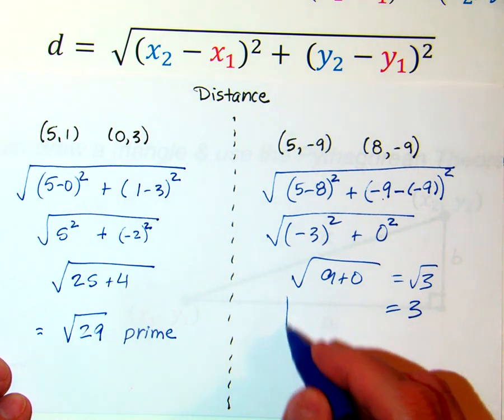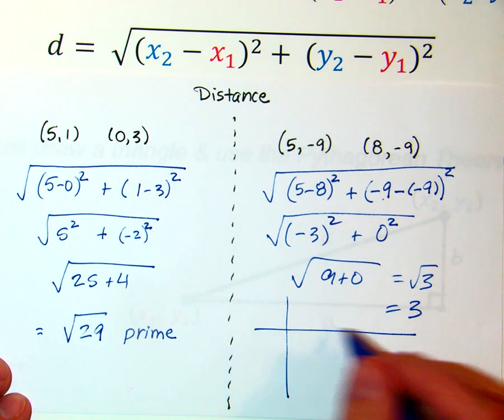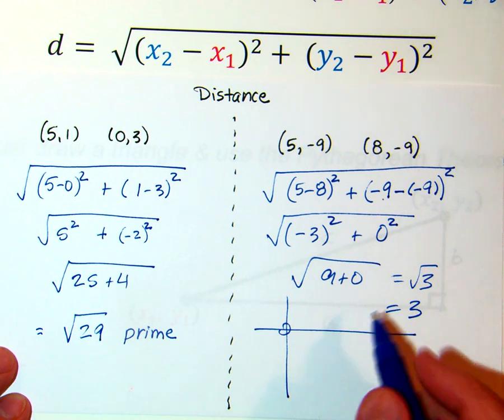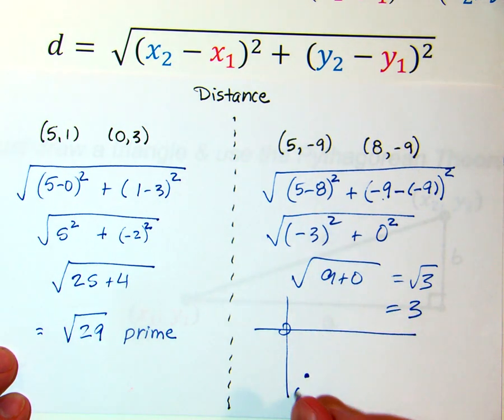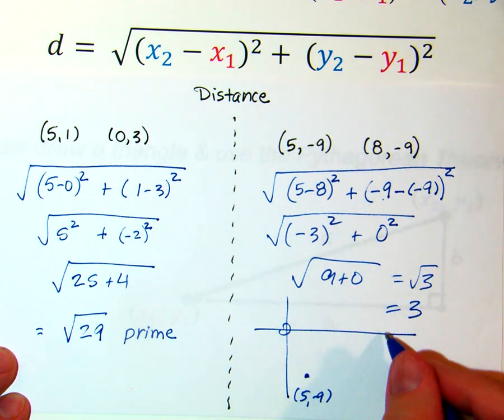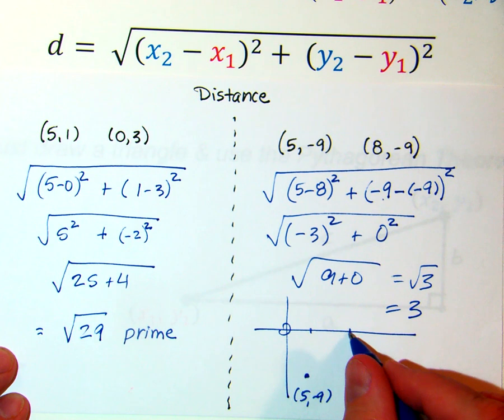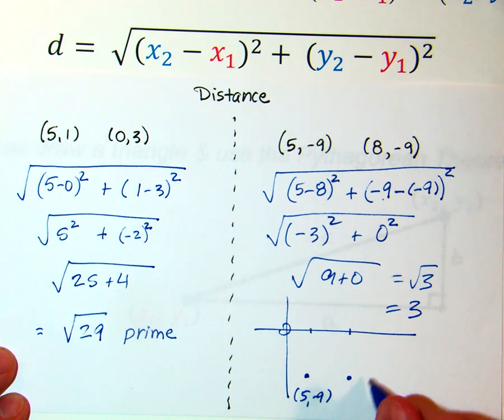Okay, so if we graphed this, it would look something like this. You'd have the point 5, negative 9, say right there. And here, 8, negative 9, say someplace over here. Oh, look. It's just a horizontal line.